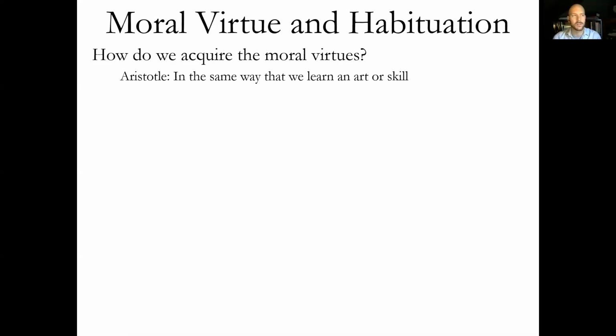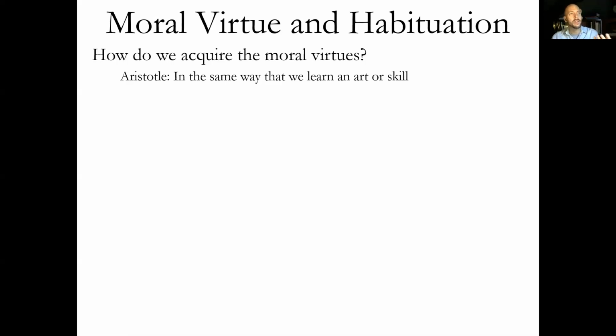A lot of things fall under this banner: learning an instrument, learning how to paint, learning carpentry, how to make a table, how to use the saws. Learning how to play guitar, learning how to farm. Those are all arts or skills. And he's saying we acquire moral virtues in the same way that we acquire arts and skills.